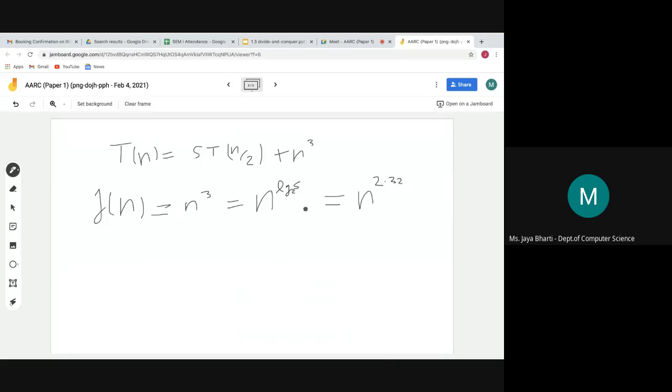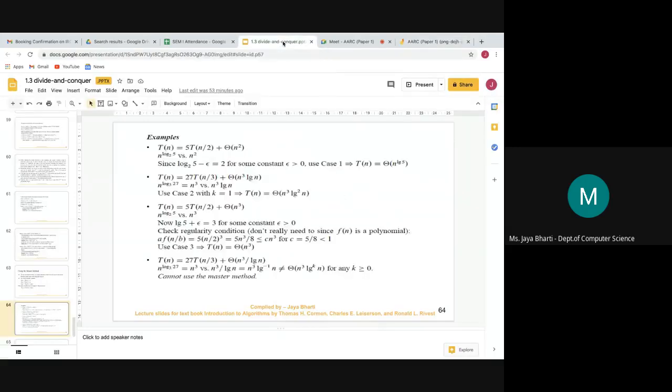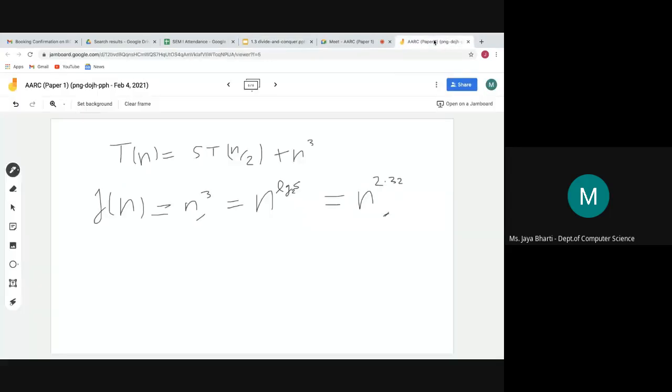So you can see this is bigger and this is smaller. Whichever is the bigger part will be the solution. So in this case also the solution is theta of n cube. We compare these two, and T(n) will be theta of n cube.